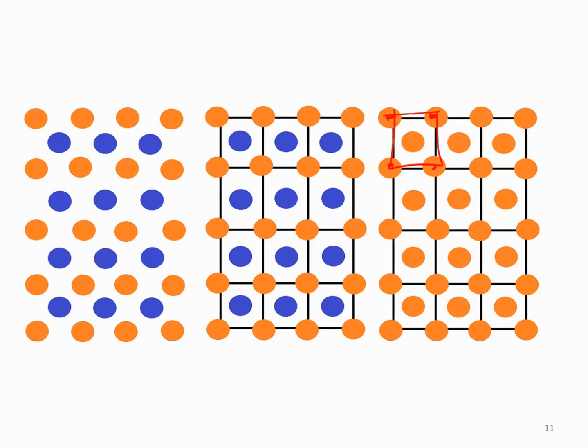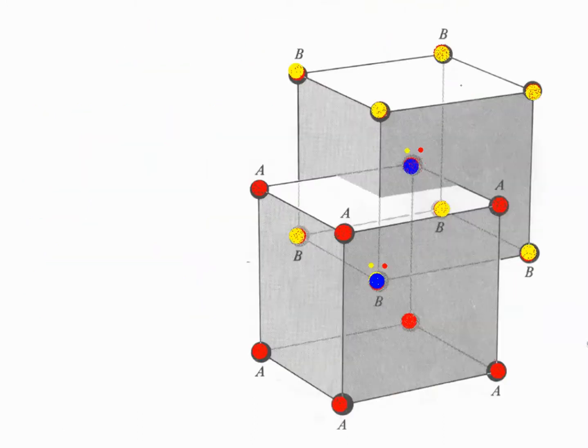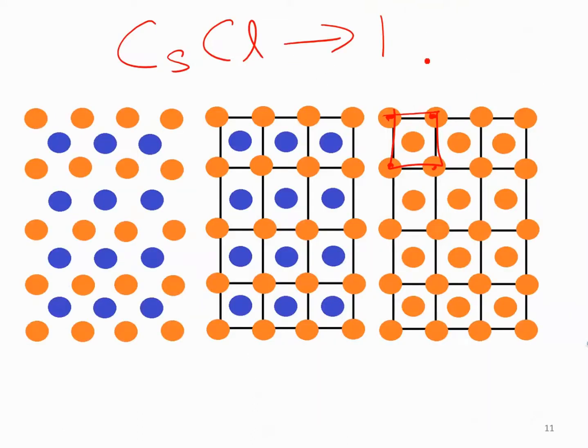But the problem here is CsCl has only one basis. So this is only considered as one basis, not two. So you have the structure like this.